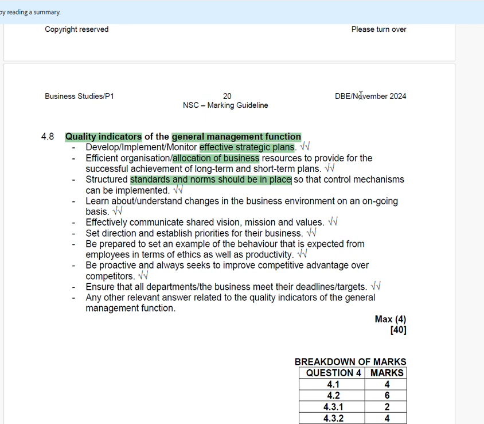Learn about and understand changes in the business environment on an ongoing basis. We all know business changes. So you need to be up to date in terms of what is changing in the sector the company is operating in. For example, some businesses are closing some of their ATMs because they believe that people are now moving to become cashless.